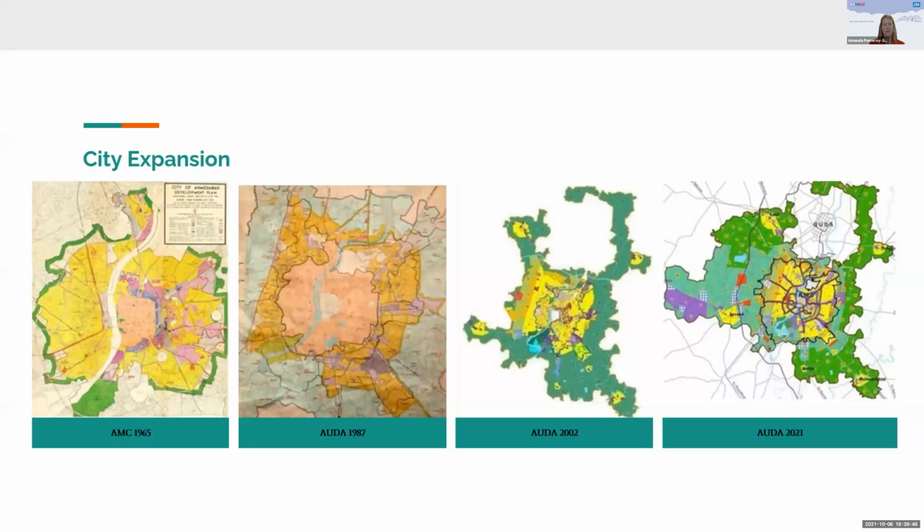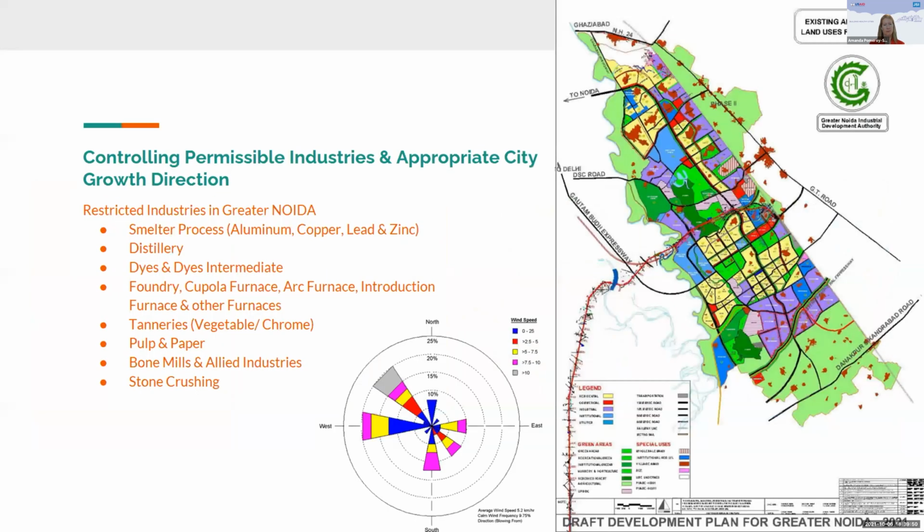So what is the solution to it? One very clear solution that I see is the case, if we look at the situation in which Greater Noida or Noida have been planned. So these are both planned cities, Noida and Greater Noida. One very clear rule that they did for their city was they restricted certain kind of industries.